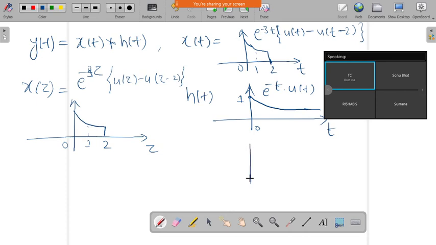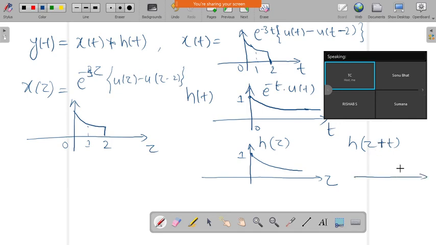This variable is changed to tau, and this will be the value 1. Now h of tau plus t, I need to shift this signal by an amount to the left side, so somewhere here I will start the signal. So this is the shifted value t. The amplitude value 1 is at the shifted value t.